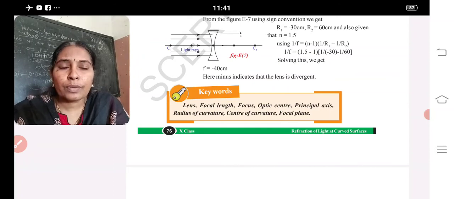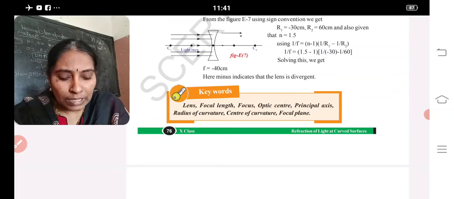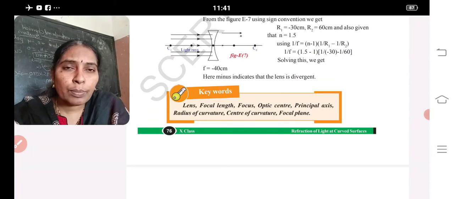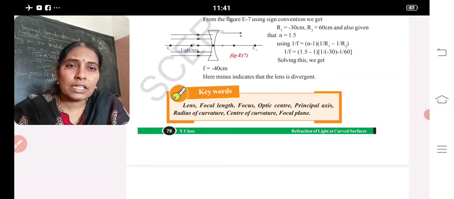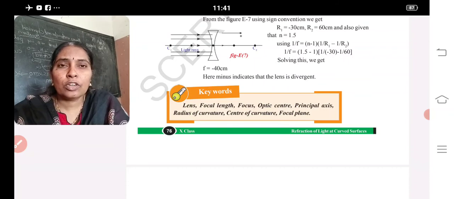Drawing a normal from that intersecting point to the principal axis decides the size of the image. Clear? So in the 4th lesson, ray diagrams are important, and that the focal length depends upon the surrounding medium is also important. Problems on the lens formula and lens maker formula are important, with 6 situations of different object positions and image positions.